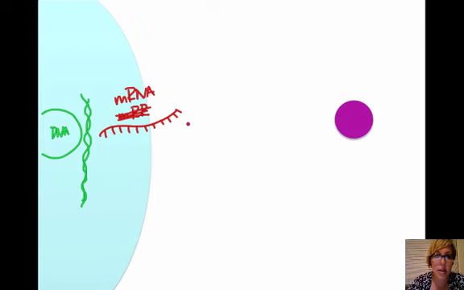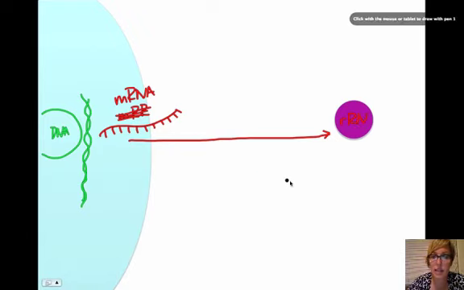Now this mRNA is allowed to leave the nucleus, and where it goes is rRNA. Now we're outside of the nucleus and we're in the cytoplasm of the cell.